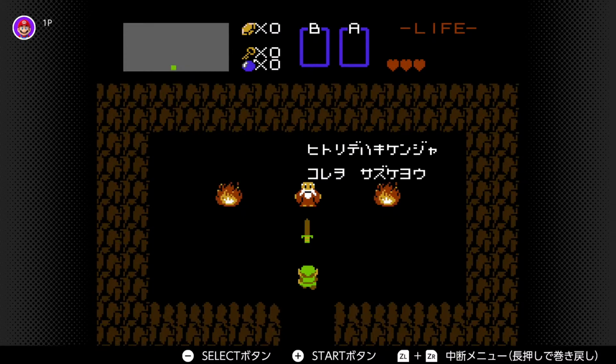And so the object of this sentence is kore, which is the pronoun for this. As we have mentioned in previous lessons, there are three distances in Japanese, and in this case, ko shows that it's this, as in something close to the speaker.